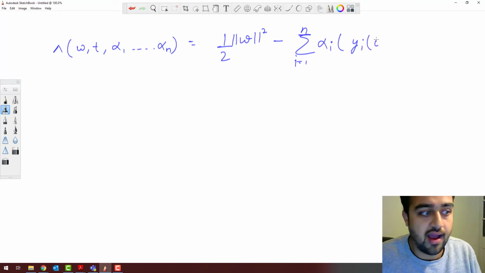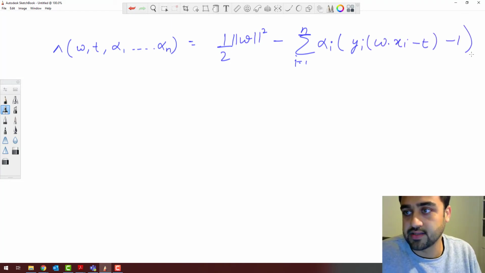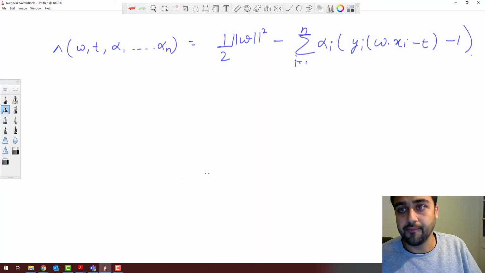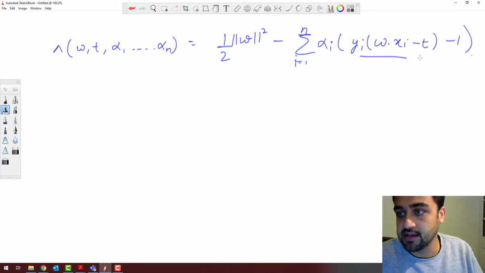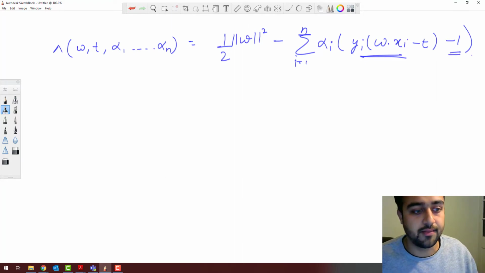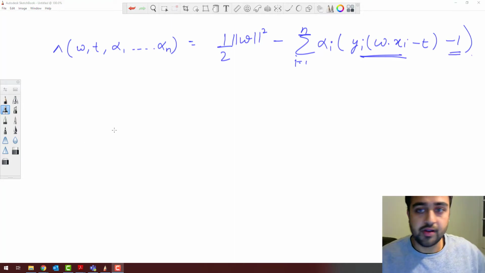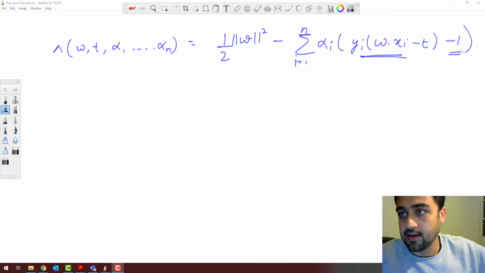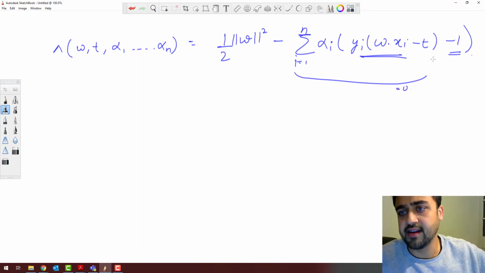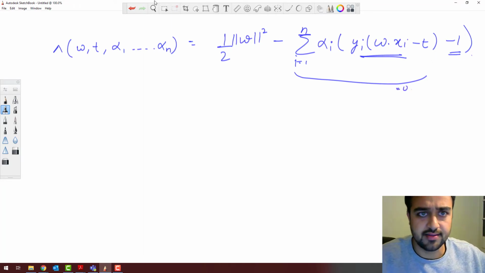Alpha i, yi (w dot xi minus t) minus 1. Okay, so this would tell you the difference between them. Okay, so we try and solve this now. This was just because if it's correctly classified, this whole term would become 0. If it's incorrectly classified, this whole term would exist, right?